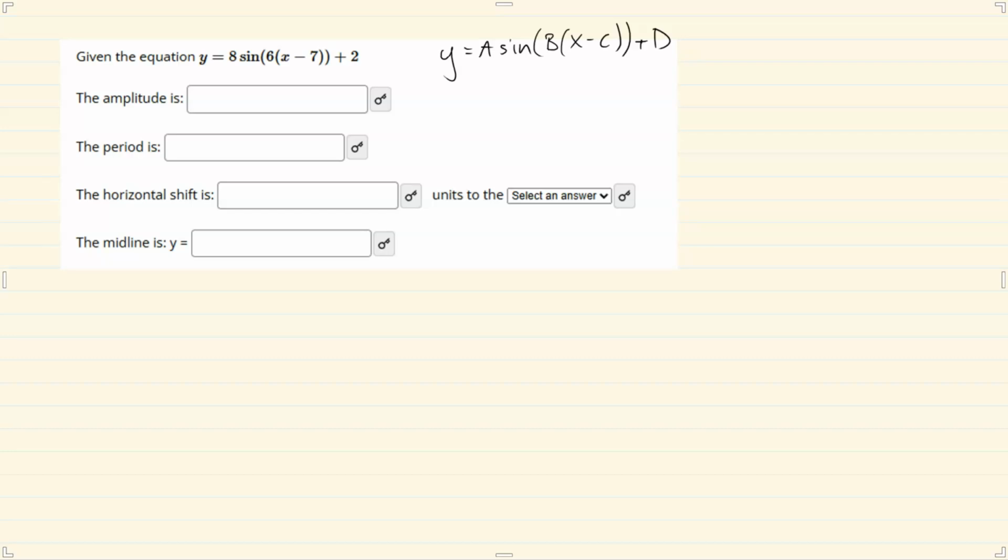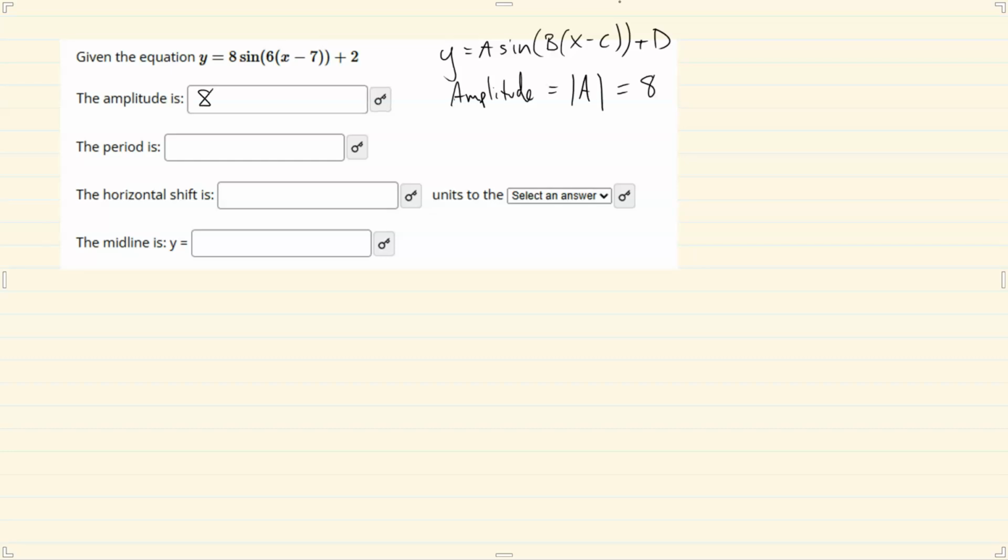Given the standard form, the amplitude is equal to the absolute value of a, that leading coefficient. It is a positive value, so it's quite simply 8. The absolute value of 8 is 8.